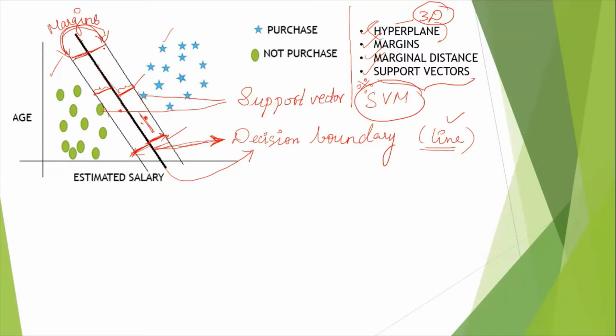These margins will be parallel to the boundary and pass through or close to the support vectors. Then the marginal distance is the distance between the margins and the boundary. Then support vectors are the points that support the margin.